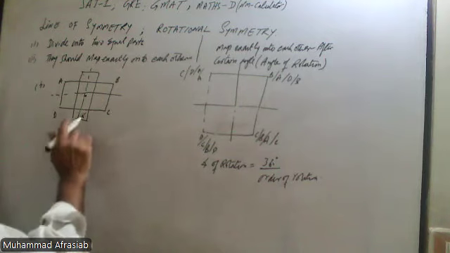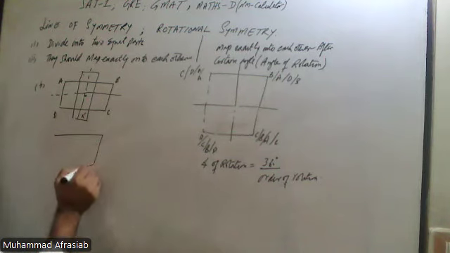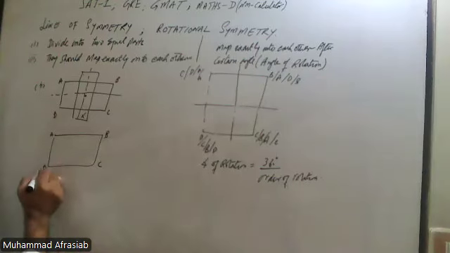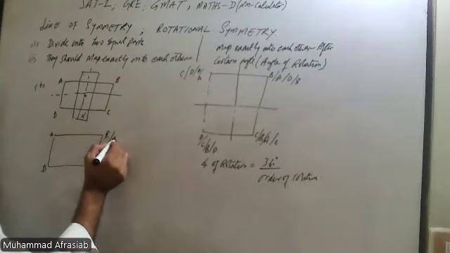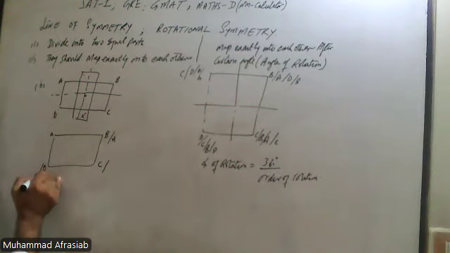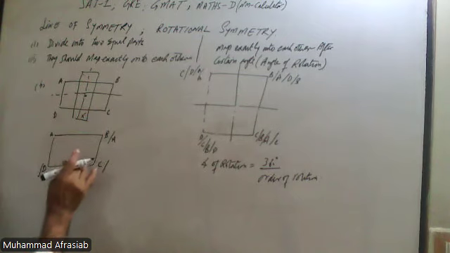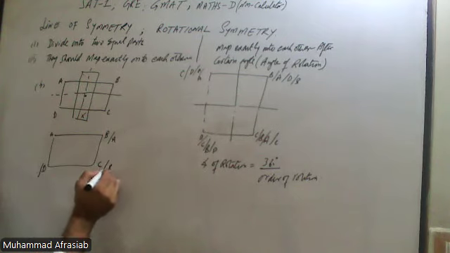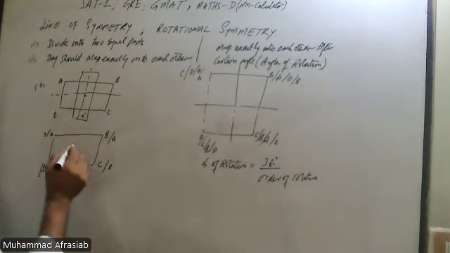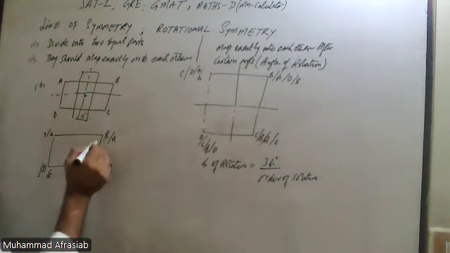But if you rotate it through 180 degrees, then A will come to this position, and B, C, and D will also move so the shape is the same.